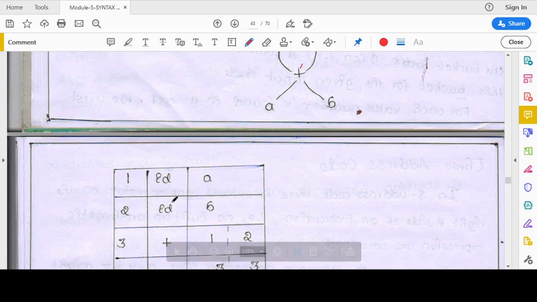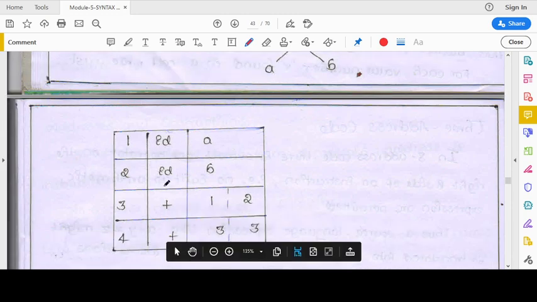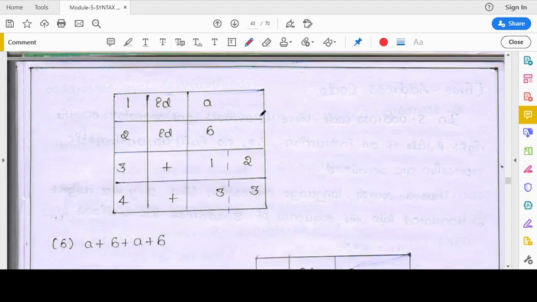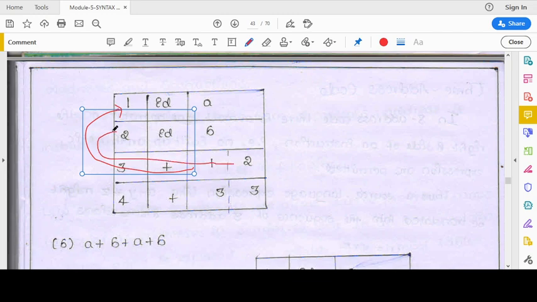Then you see 1 plus for getting the value of a plus b, and another plus is the value itself of a plus b, right? So the first ID is a, the second ID is b. The first plus is at the leaf, so 1 will be referred for the left child, and 2 will be referred for the right child.